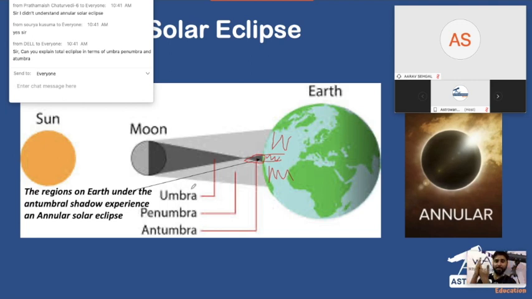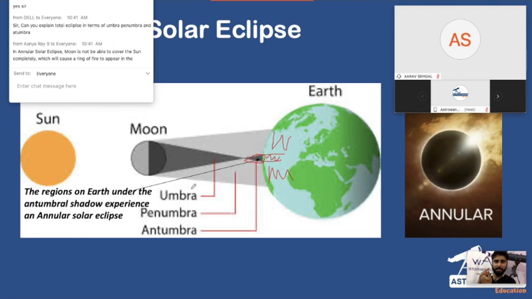So the moon is not completely able to cover the sun, but it fits inside the sun, and we can still see a ring of sun around the moon. It's a very beautiful event to observe. You all should not miss it.